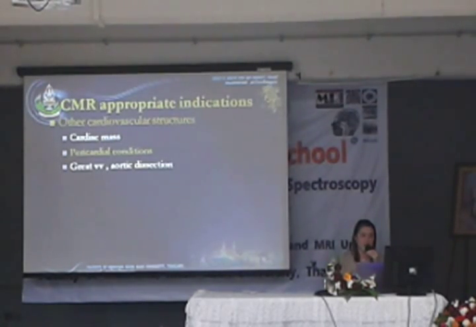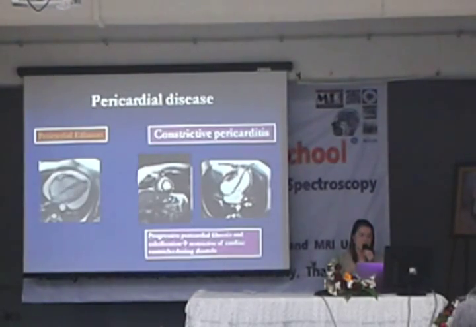The next indication is for evaluation of pericardial conditions. We can use cardiac MRI for diagnosis of various diseases of the pericardium, such as this case. This patient has a large amount of pericardial effusion surrounding the heart, and has constrictive pericarditis, which is progressive pericardial fibrosis and calcification.